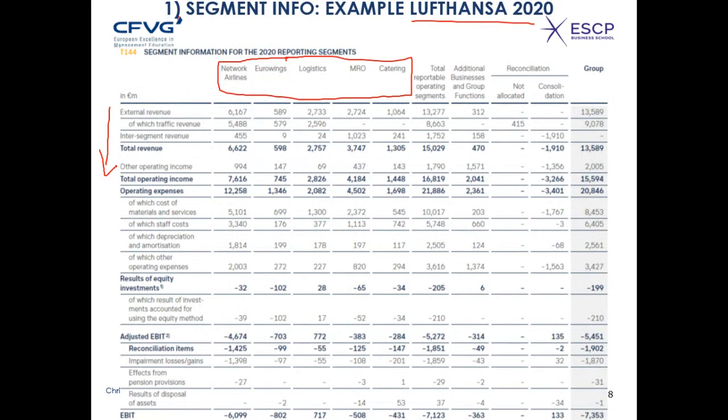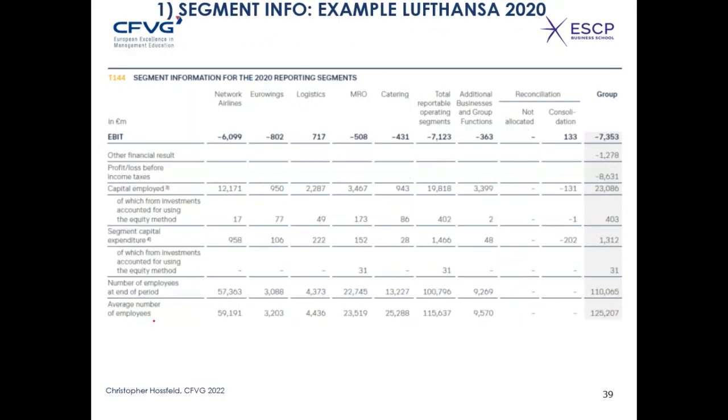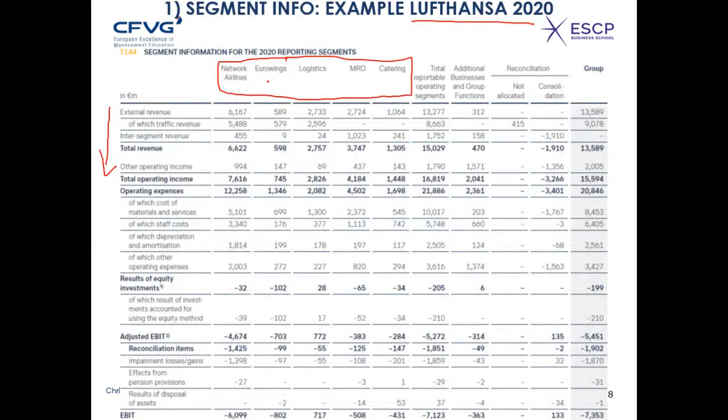You could expect that the management board, when they meet every week, will have a look at the same page. You see it's rather detailed. You have a lot of income statement information, but there's also information on capital employed, and on spending, capital expenditures or investments in the different segments. That gives you rather good visibility.